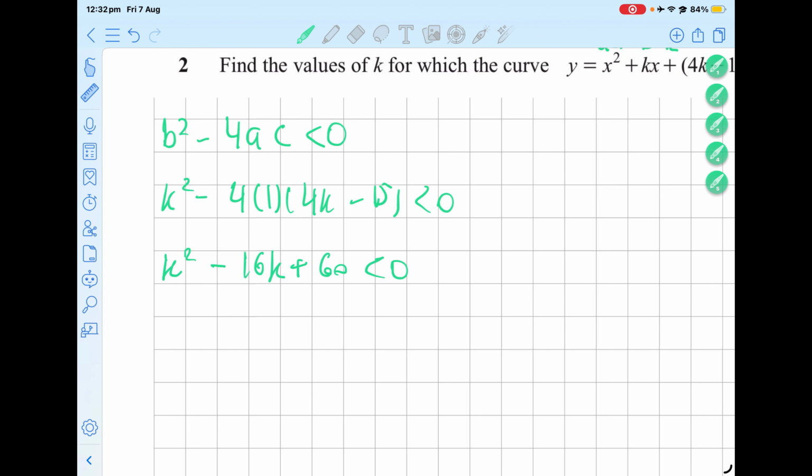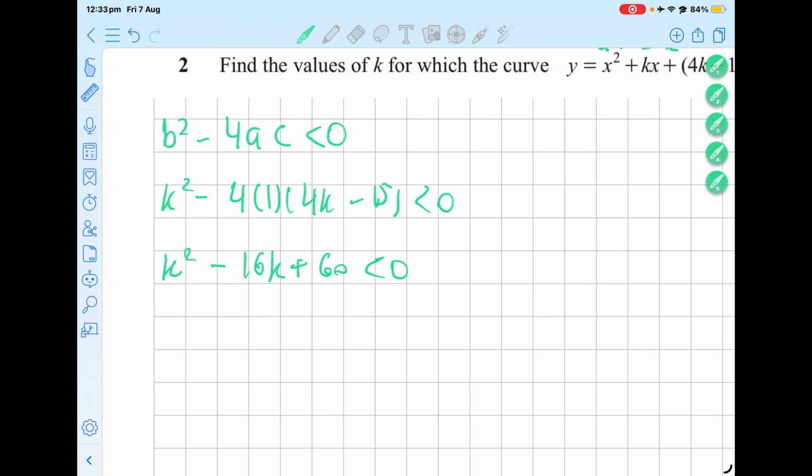So 60 can be split into 10 and 6, so 10 and 6 could work.